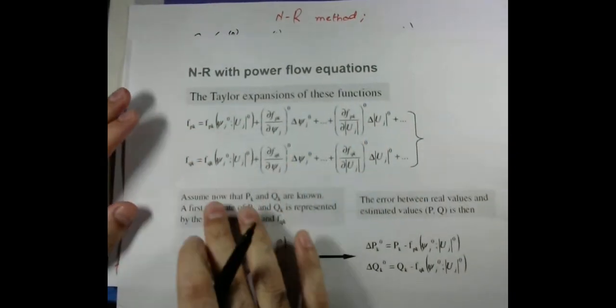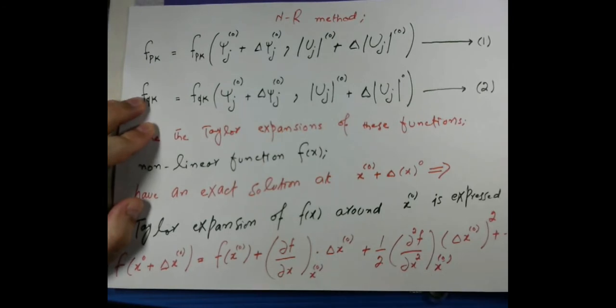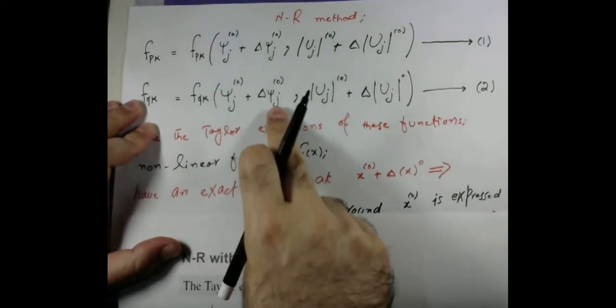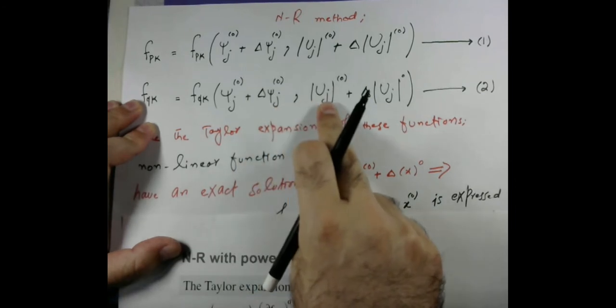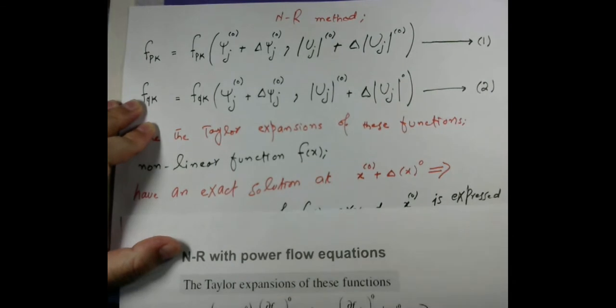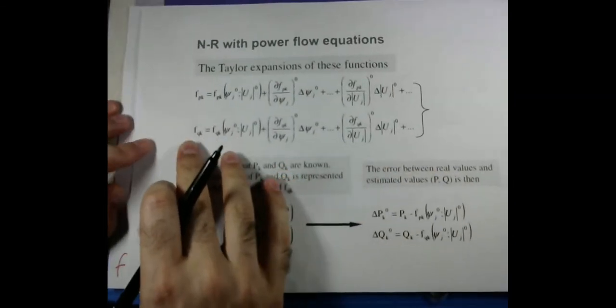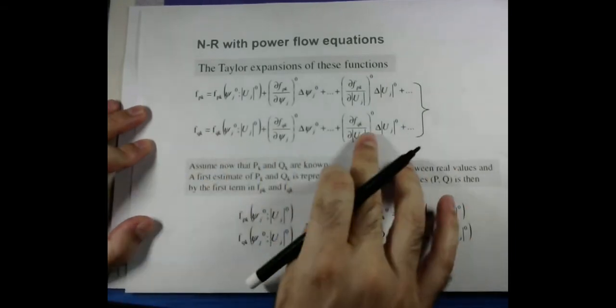Similarly, the expansion of the reactive power expression can be taken, again involving the estimate and the error in the angle, and the estimate and the error in the voltage magnitude. Likewise, the Taylor expansion of the expression of the reactive power looks like that.